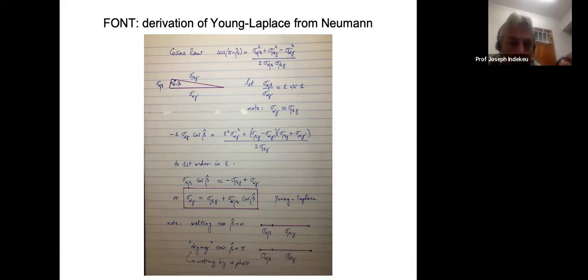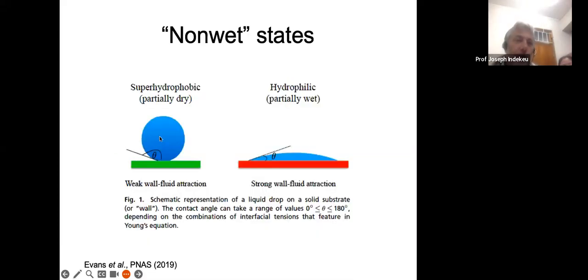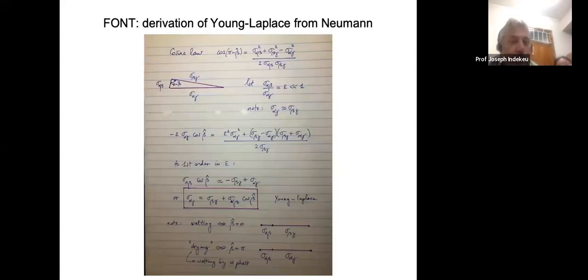But it could also collapse in the outward way, in that direction, and that would mean that the beta hat angle is pi, and then we are in a situation like this, and this is called also wetting, if you like, but wetting by the other phase, by the supplementary phase. And in this case, it would be called drying. But that's a matter of terminology.